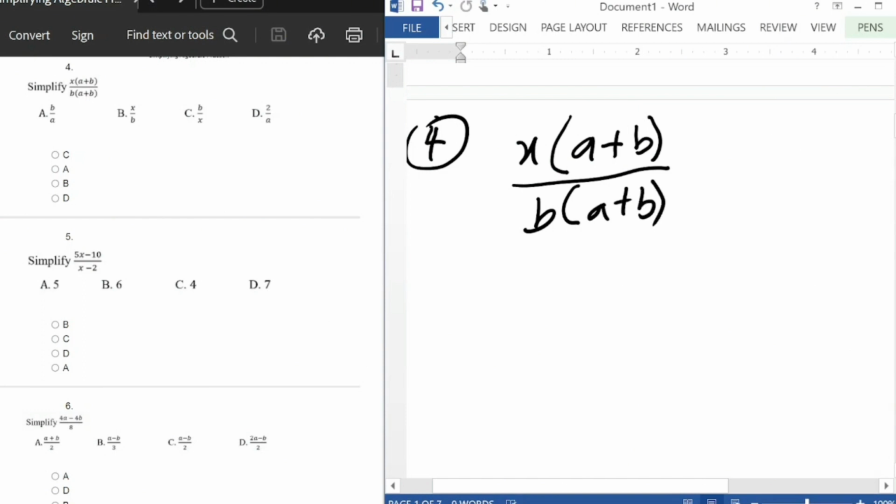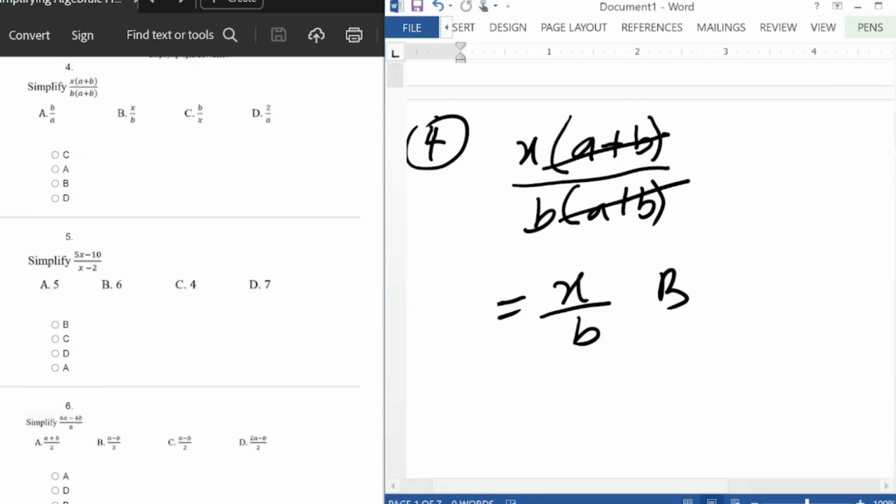So this is straightforward. What you have is the same thing in the bracket at the denominator and the numerator. So in that case, this will cancel this. So what we have left is x divided by b. I hope I'm making sense. So that is x over b. That is option B.